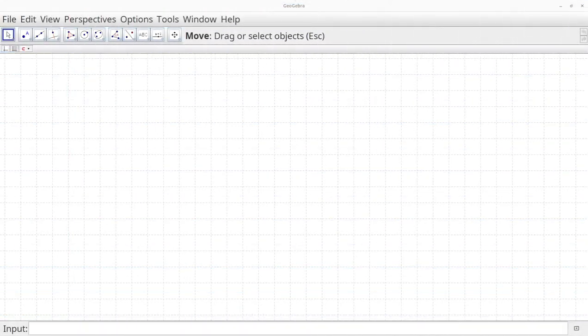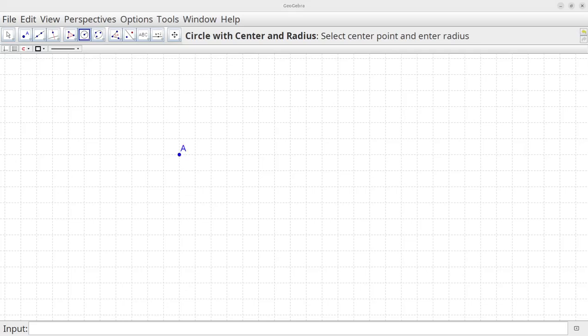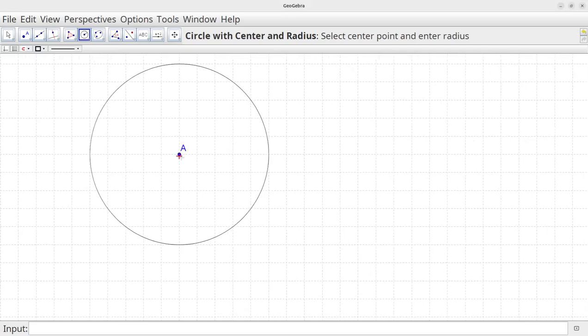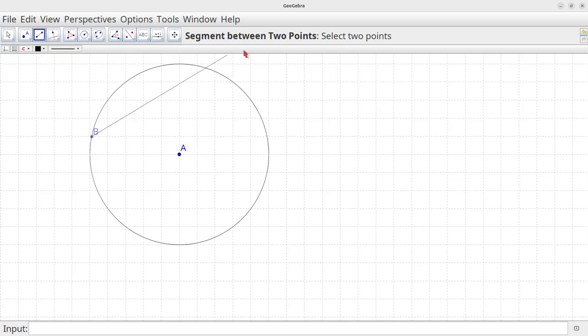But before we generalize it, let's go to GeoGebra to view this. Let's go straight to GeoGebra and draw a circle. And then in the circle, let's draw our cyclic quadrilateral. Now that's a cyclic quadrilateral.